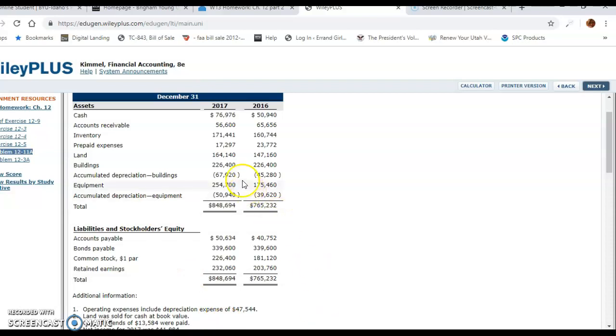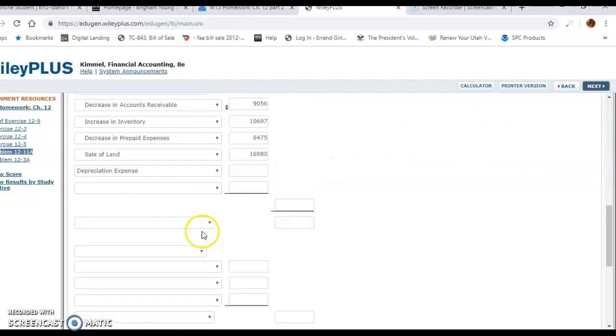I've got the difference between 2017 and 2016 for buildings is $22,640, and the equipment, the difference between the equipment from 2017 and 2016 is $11,320. And we only have really one little spot for depreciation. So my guess is I would need to add them together.